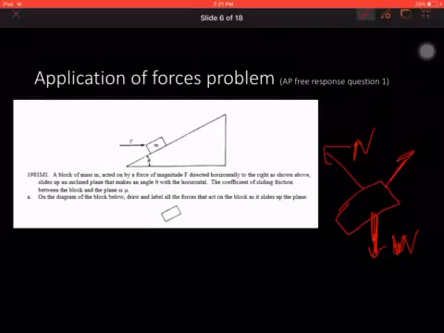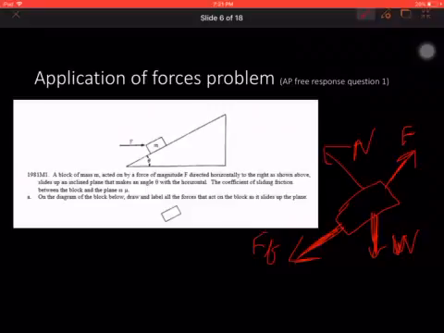This direction is the applied force, which is used to direct the block upward, and this is the force of friction. I think I went too fast.